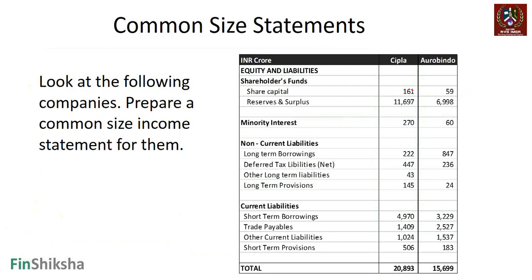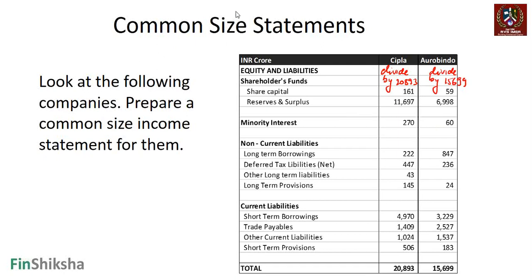So in the first case, we have to divide everything by the 2893 number. In the second case, we have to divide by 15699. Each of these headers needs to get divided by those respective numbers in order to arrive at the common size statement number, right? So that's what will become important here.